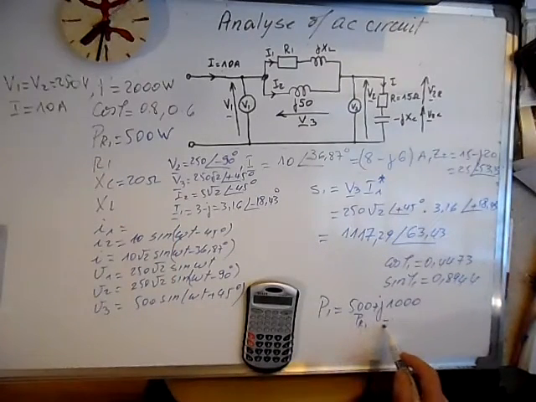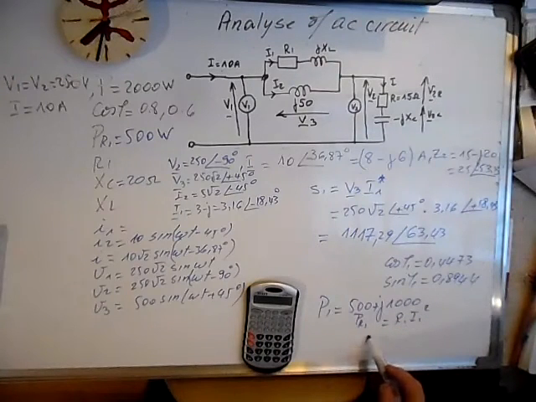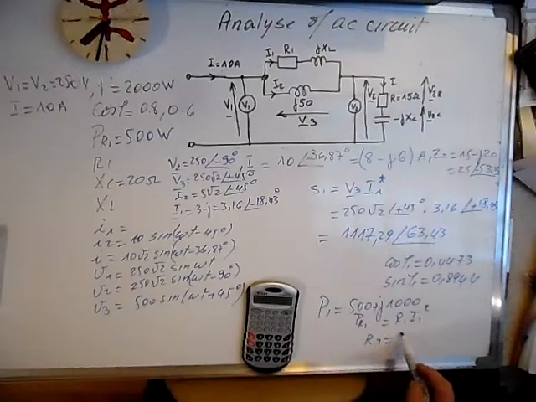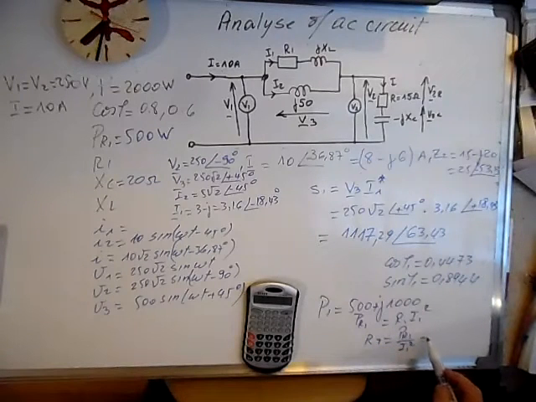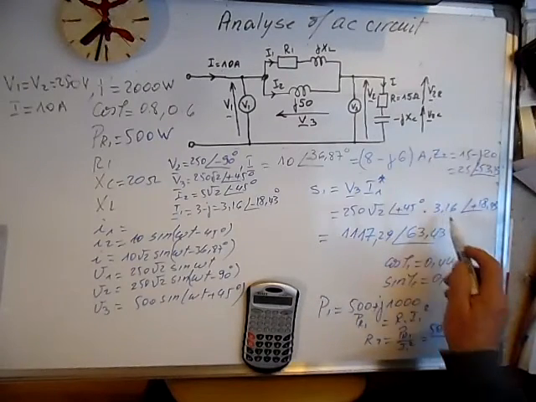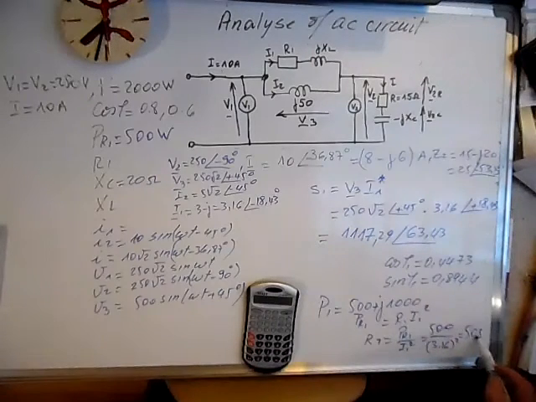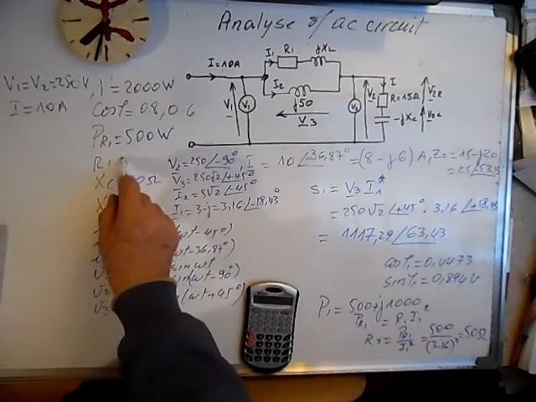PR1 is R1 I1 squared. R1 is PR1 over I1 squared. This is 500 over 3.16 squared. This is about 10. So this is 50 ohms.